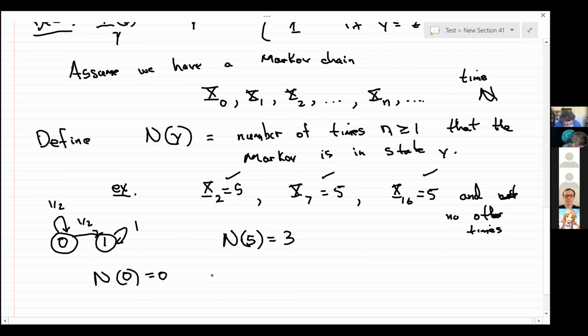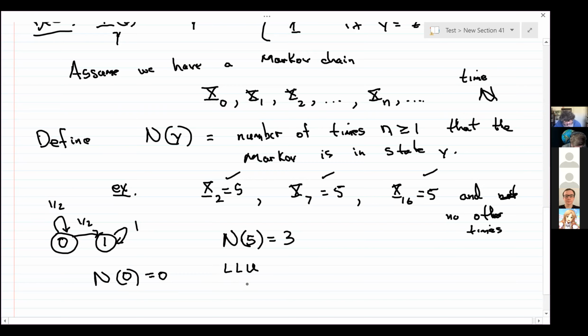On the other hand, maybe you looped here a few times. Oh, by the way, this is wrong. Okay, the number of times you're at 0 is that, right? So suppose you looped here a few times. You could have looped twice, and then go up.